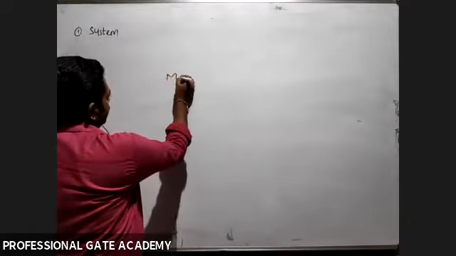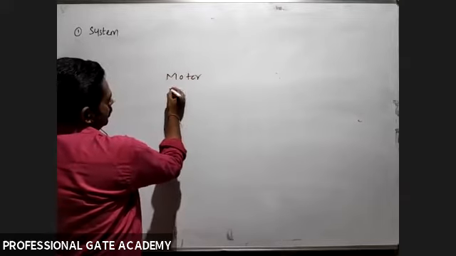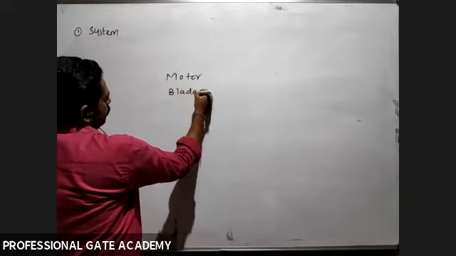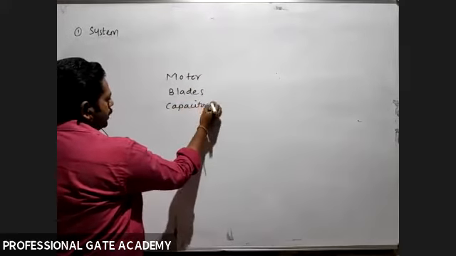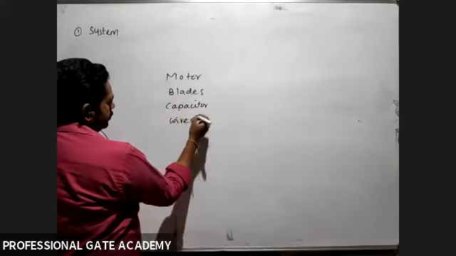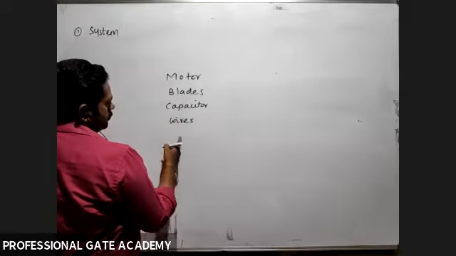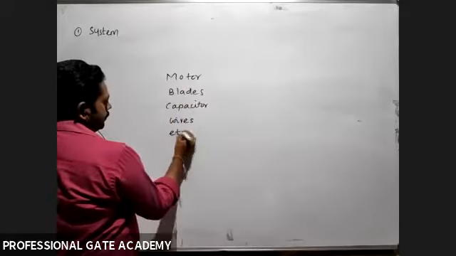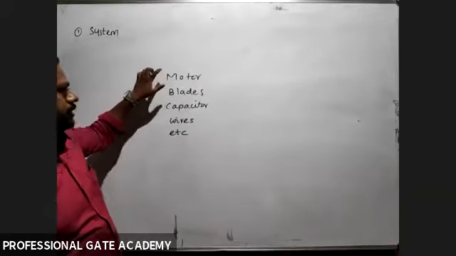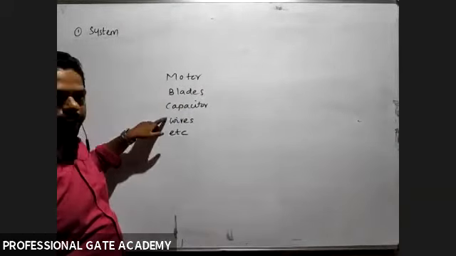So we have motor, then capacitor, some wires, wiring connections, and so on. So these are the components: motor, blade, capacitor, some wires, etc.